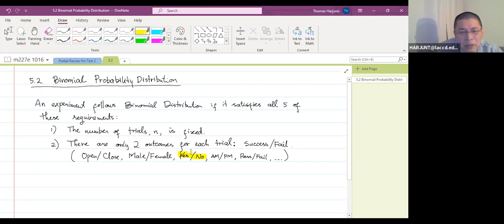Some people say yes, some people say no, some people say no opinion, for example, right? So in that case, we prefer to say yes or not yes. Pass or not pass, male or not male, open or not open, to avoid a possible third or more categories that are not covered in this binomial.